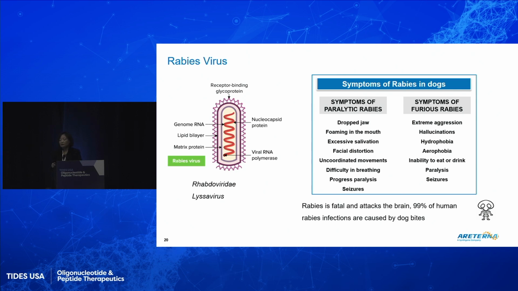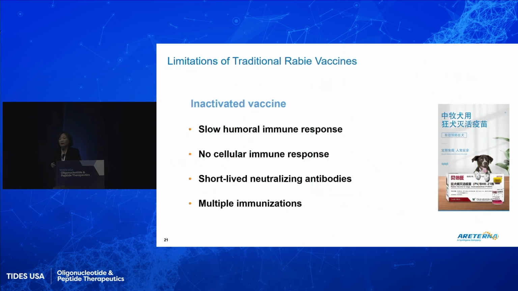So one example, actually a veterinary vaccine that is in a relatively advanced phase for us, is the rabies vaccine. Rabies is fatal, and lots of the cases are caused by dog bites. This one is for dogs, right?